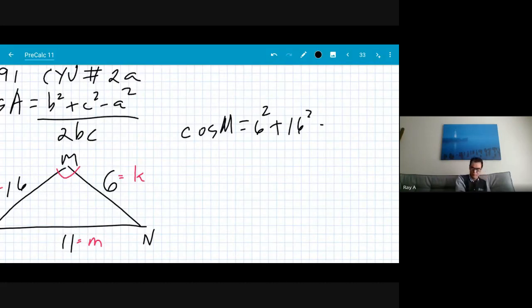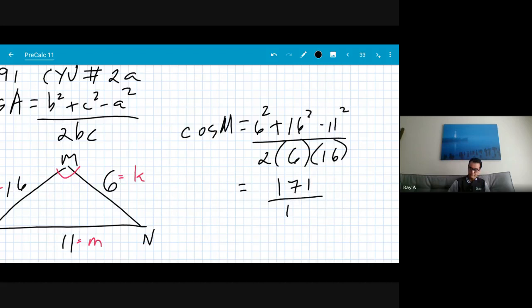Minus 11 squared over 2 times 6 times 16. This is 171 over 192. Now remember that is cosine m.